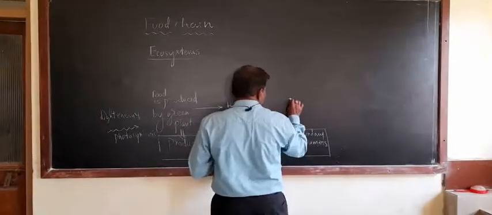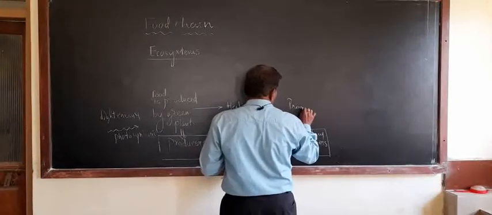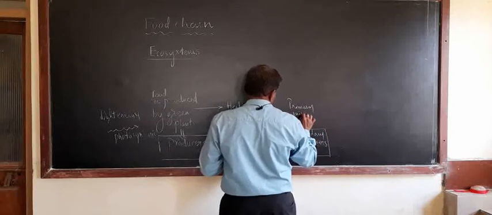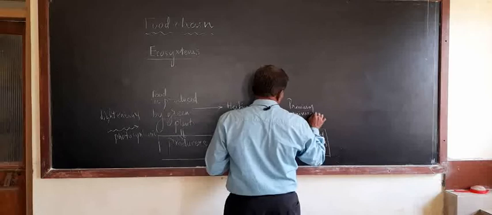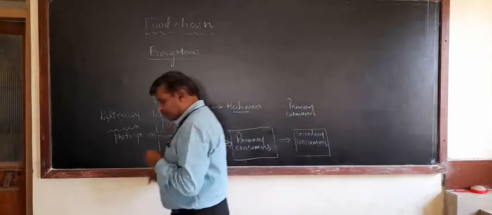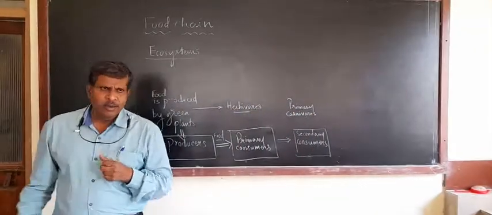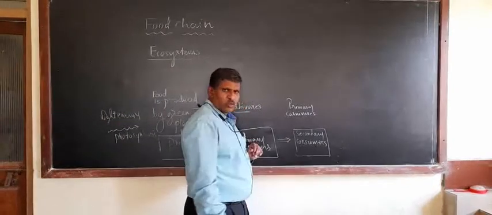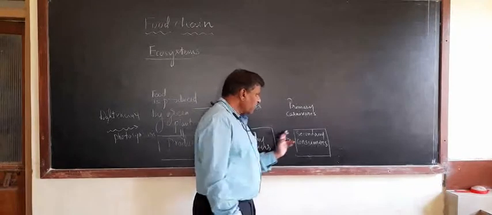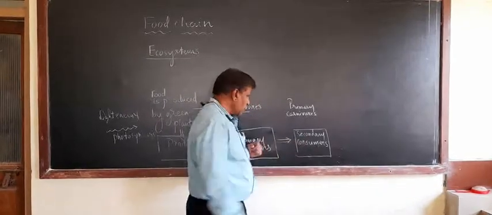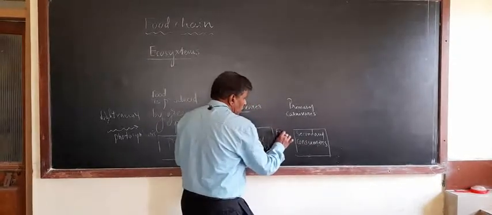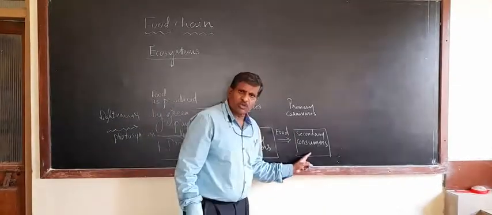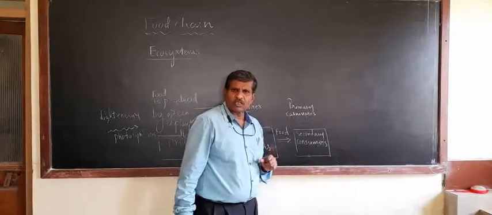We consider them as primary carnivores. When these primary consumers are eaten up by the secondary consumers, at that time the food present in the primary consumers is getting transferred to secondary consumers.